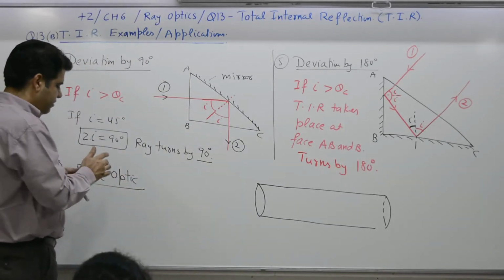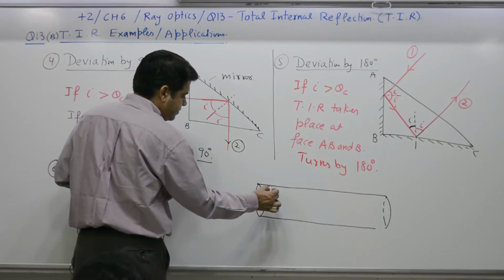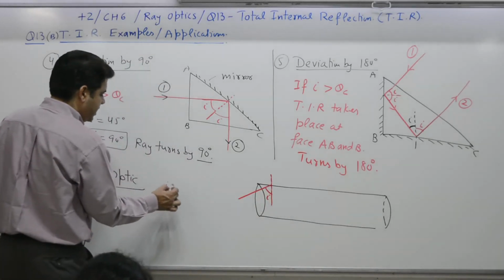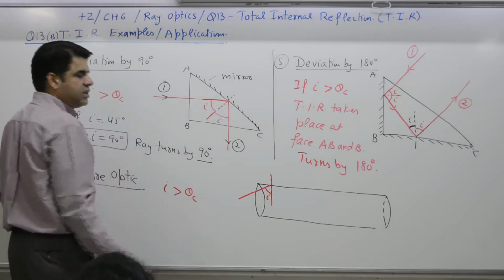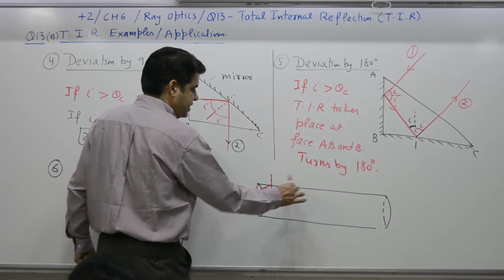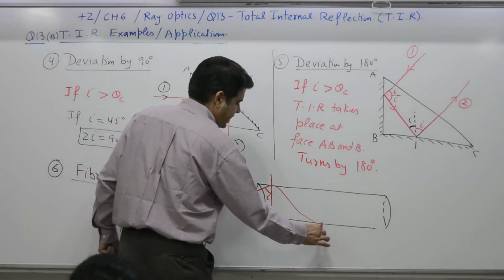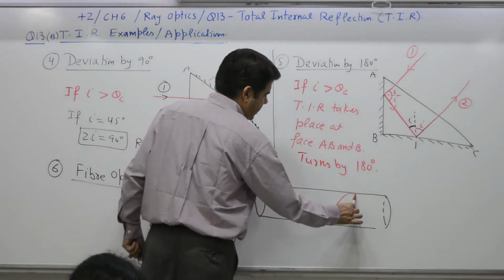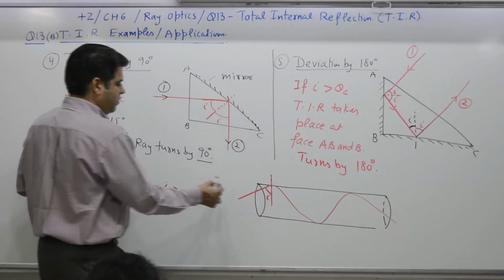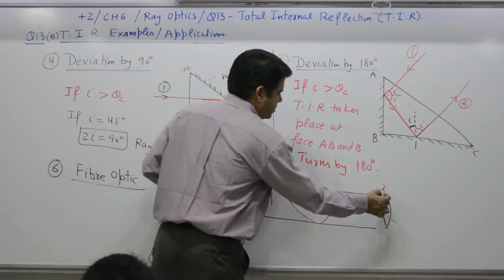In fiber optic, the ray enters from one end such that angle of incidence I is more than theta critical. So TIR will take place, this face will act as a reflecting surface. It moves to the other surface, again TIR takes place, and this is how the ray moves from face 1 to face 2.